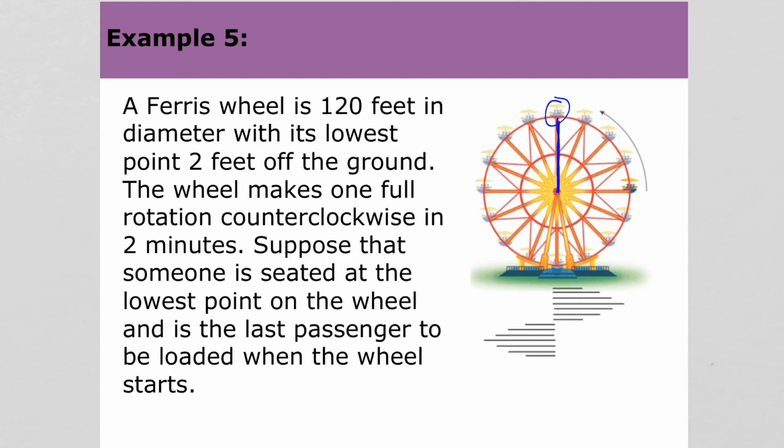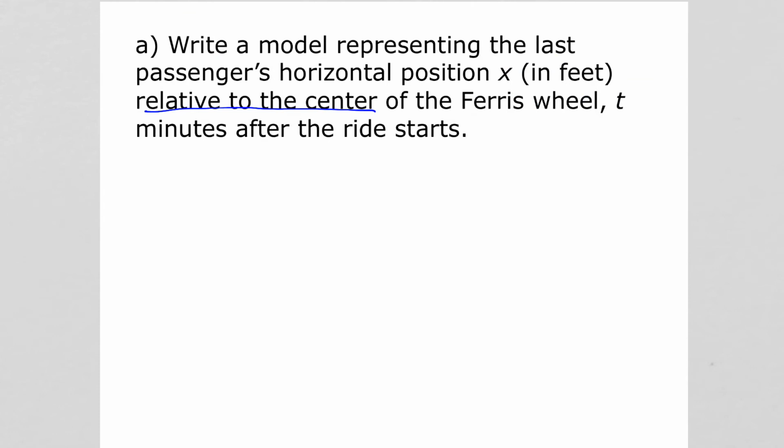It says the Ferris wheel is 120 feet in diameter, so the distance from this person to the center must be half of that, 60 feet. So that means that A must be 60. Then the period, we were told, is 2 minutes. So we can find omega. Omega will be pi.